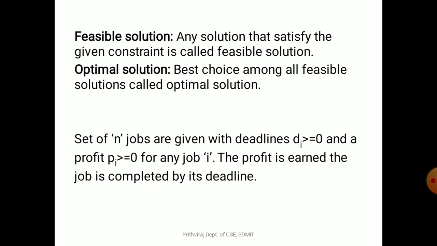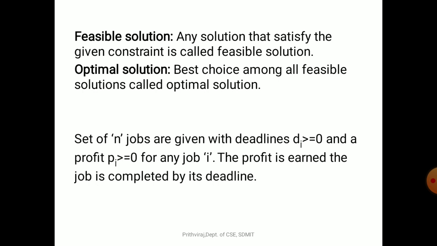Based on this problem, we have to understand a few data. Some set of n jobs are given with deadlines, and deadlines are indicated with di, which should always be greater than or equal to 0. And in the data we should know the different profits for individual tasks, and the profit pi should also be greater than or equal to 0 for any job. The profit is earned only if the job is completed by its deadline.